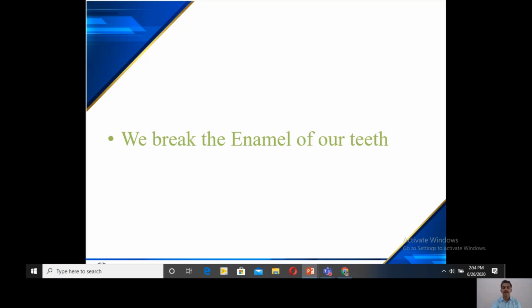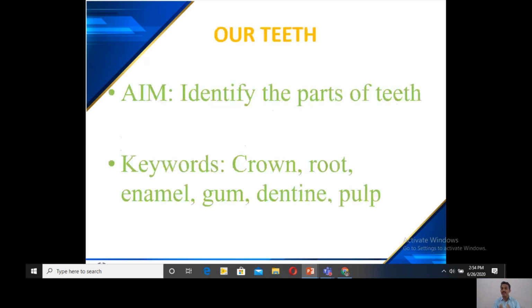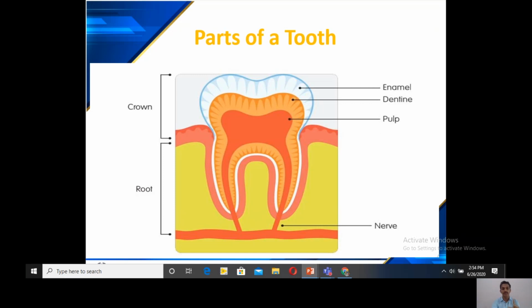So what all did we study today? Let us do a recap. Our aim was to identify the parts of teeth. The key words we learned are crown, root, enamel, gum, dentine and pulp. Then we saw the different parts of our tooth.